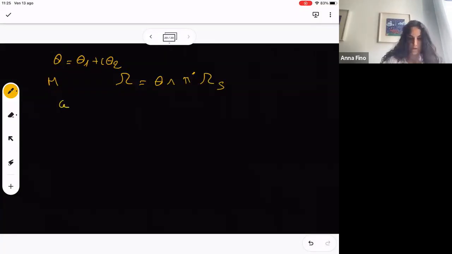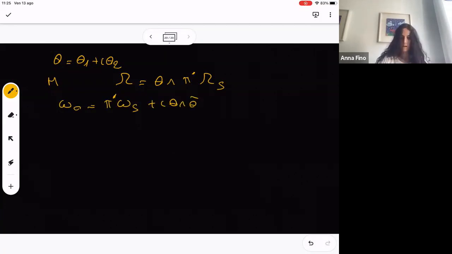And then you have also omega_0. If you take omega_0 given by the pullback of omega_S plus i theta wedge theta bar, this is balanced. It's just a computation: one can check that d of omega_0 squared is 0.